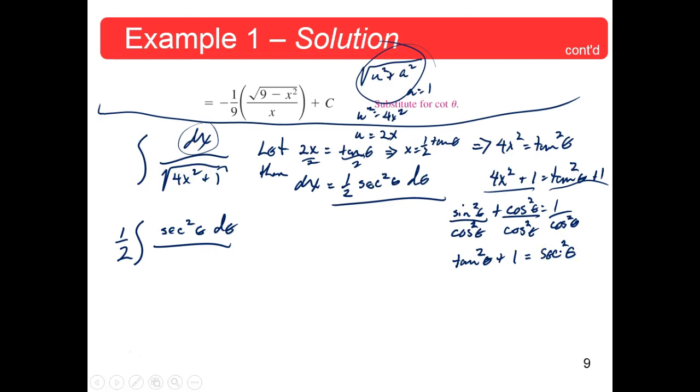Well, what's the square root of secant squared? Secant, yes, exactly. That's secant theta. All right, well, this secant theta will go into that secant squared theta. So now we have simply 1/2 the integral of secant theta d theta.